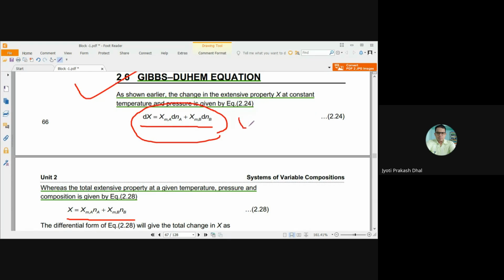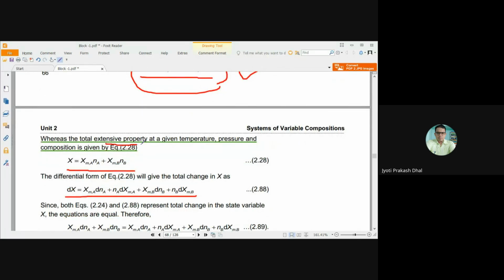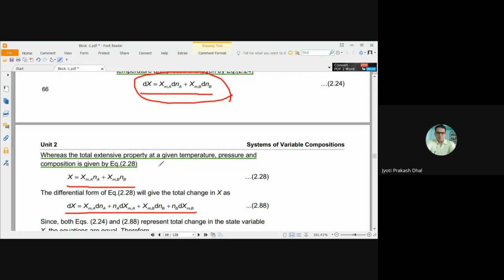All these equations we have derived in the partial molar property section, where the total extensive property at a given temperature, pressure and composition is given by equation 28: X equals X m a n a plus X m b n b. You remember, equation 24 is dX equals X m a dn a plus X m b dn b, and equation 28 is X equals X m a n a plus X m b n b.